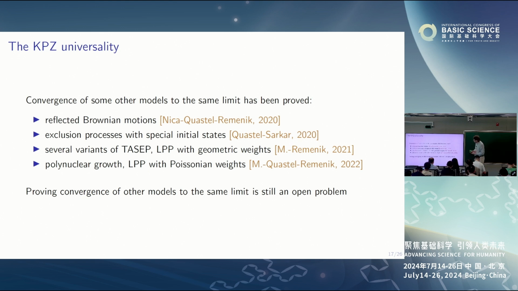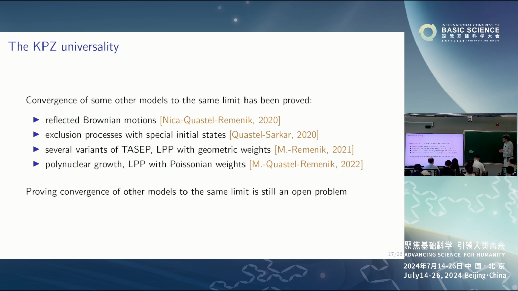So for example, the same scaling limit was proved for reflected Brownian motions, for several variants of TASEP, for example, TASEP in discrete time with geometric and Bernoulli jumps, polynuclear growth, which is another classical model in the KPZ universality class.